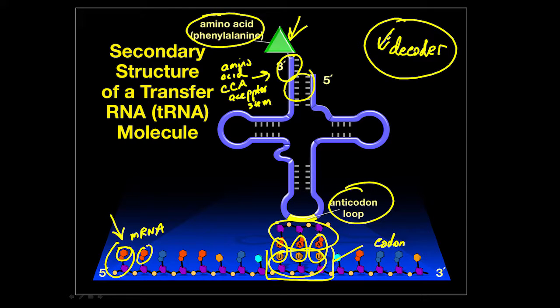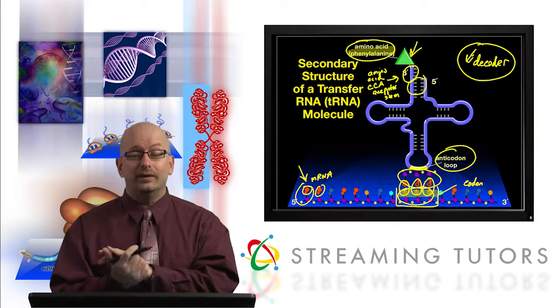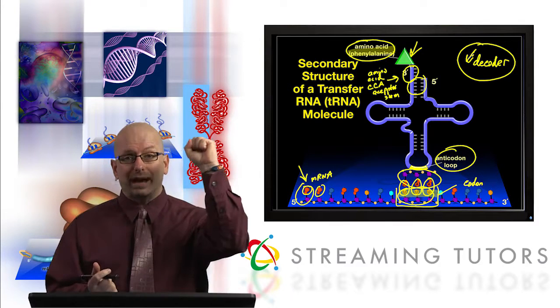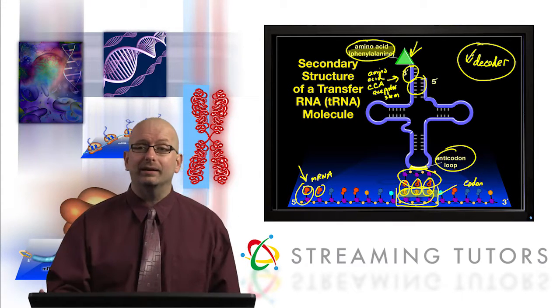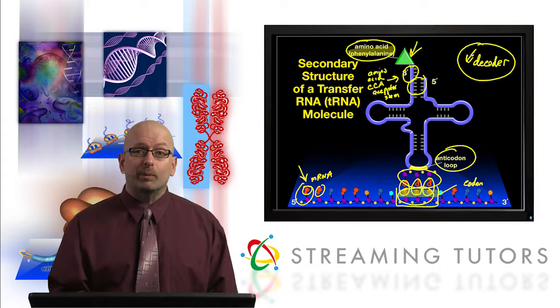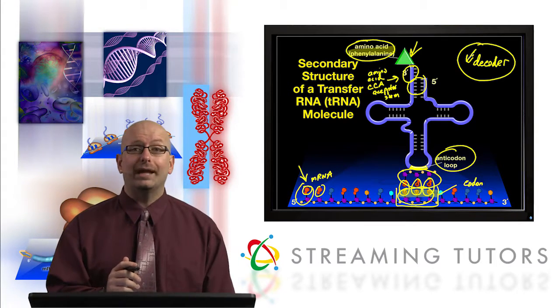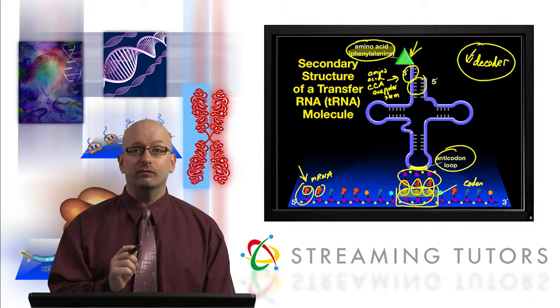That's how we can say that UUU means phenylalanine. It's mediated through a specific transfer RNA with a definite anticodon loop that corresponds to the codon, and then it's carrying this amino acid on its other end. It's a dynamic process, but if you understand that idea, you're going to be able to understand the molecular basis of translation.